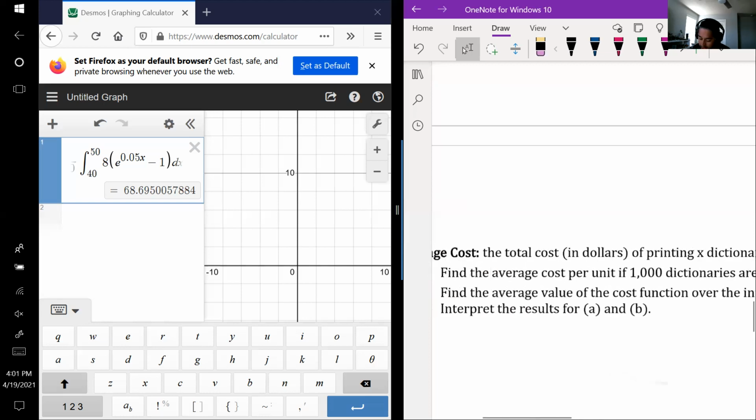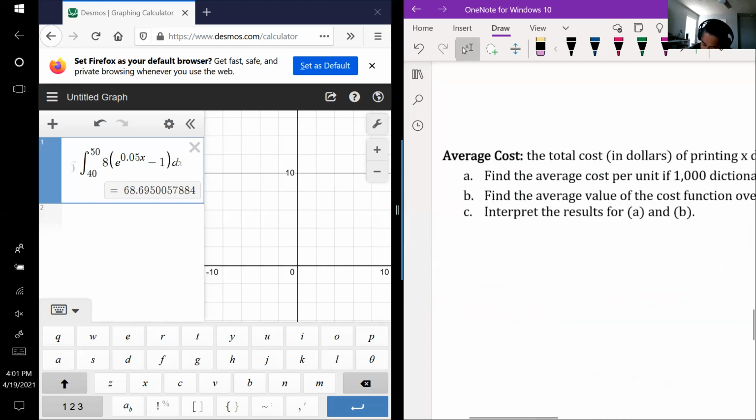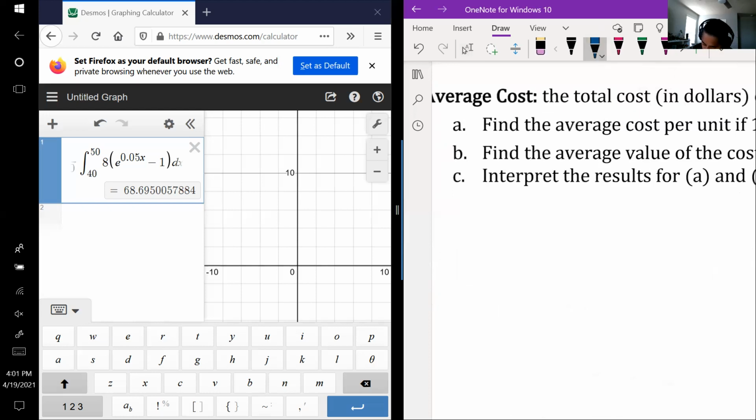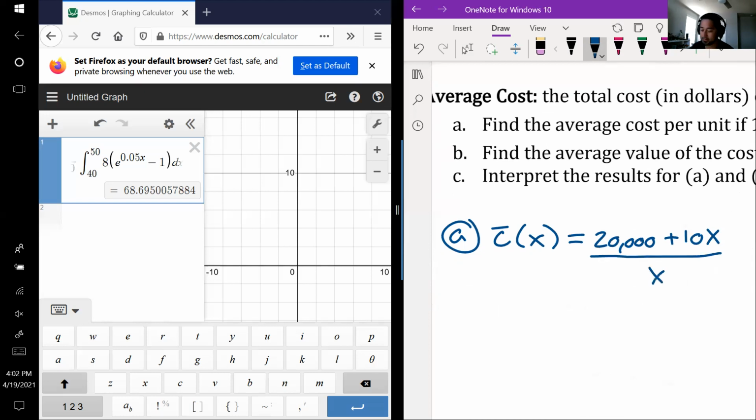So for A, C bar of x is going to be the cost function, which is 20,000 plus 10x, all over x. That's the average cost function. Now we're going to plug in 1,000.